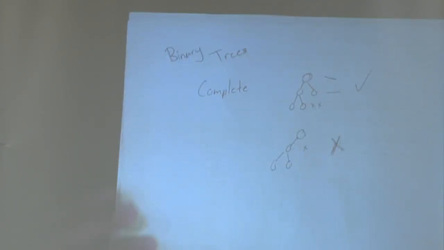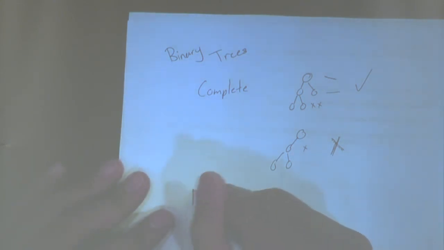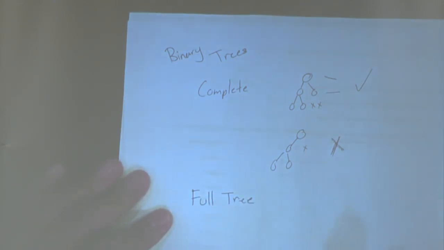So, and there's also a tree called a full tree. A tree is full when every node in the tree has 0 or 2 children. So if we do this, this is a full tree.